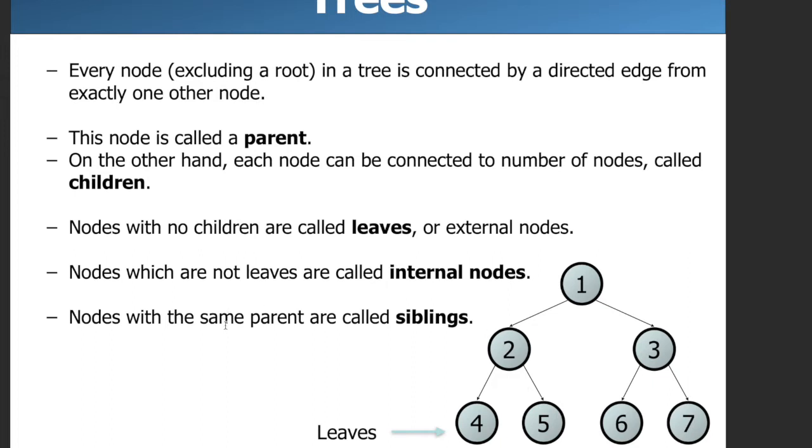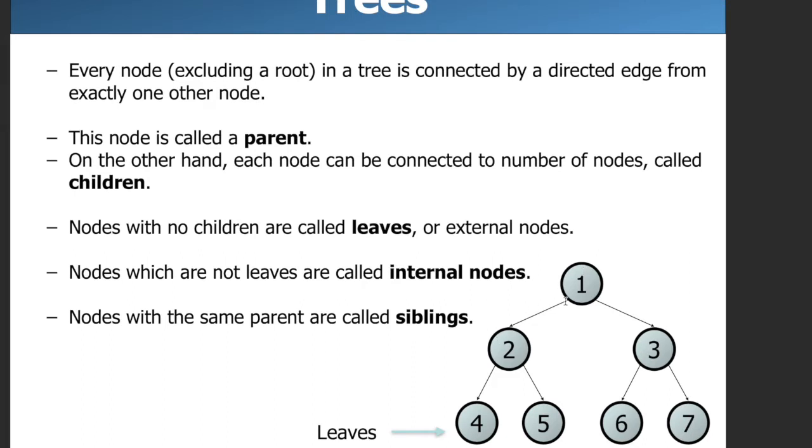And nodes with the same parent are called siblings. If they share the same parent, they are siblings, like those two. So again, a node can have 1 or 2 children, and we call those nodes parents.